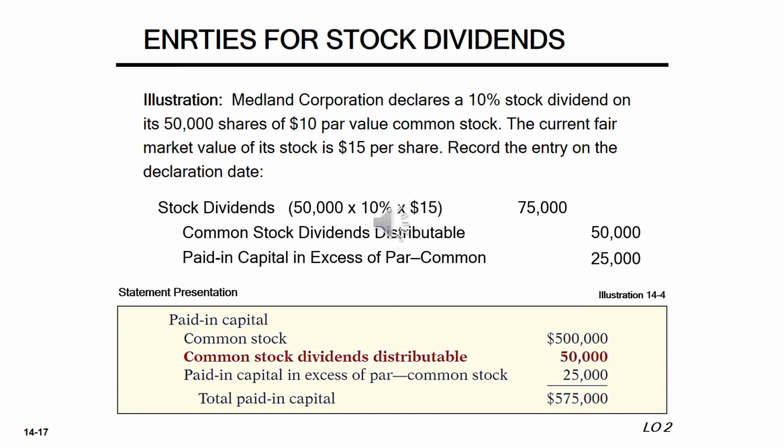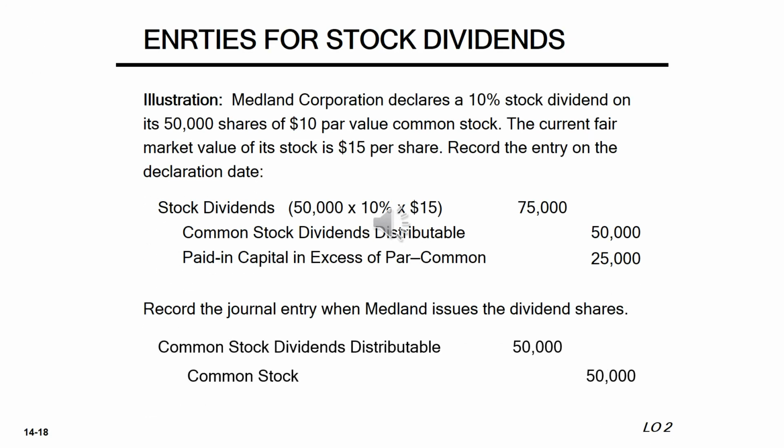The common stock value, based on par value, of course, is 50,000 shares multiplied by 10. That's going to give us 500,000. And then common stock dividends distributable is 50,000. And the paid in capital in excess of par for common stock is 25,000. So based on that, we know that the total paid in capital in this scenario is going to be $575,000.